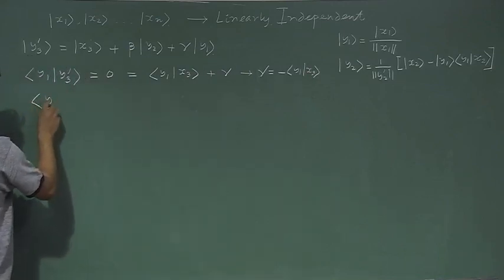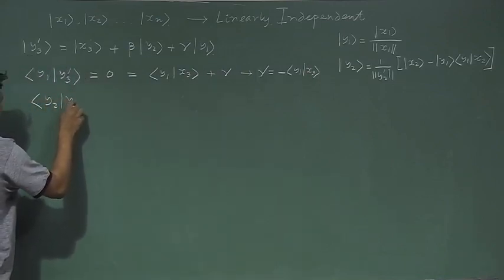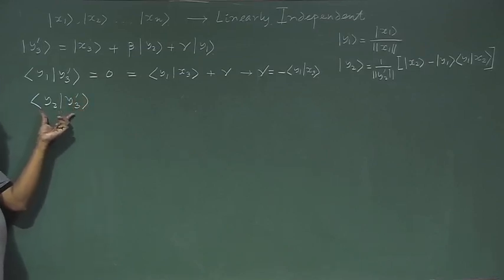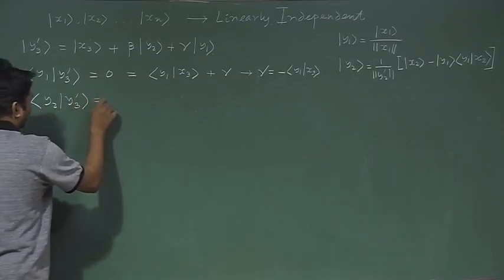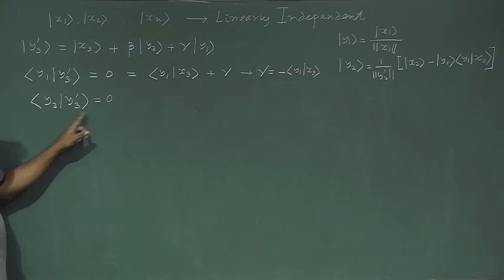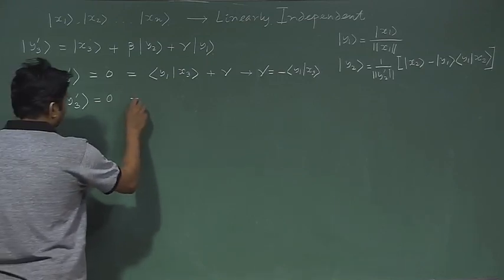Also, if I do the same thing by operating with y2 from the left hand side on y3 prime, because y2 and y3 are perpendicular to each other, I want this to be equal to 0.